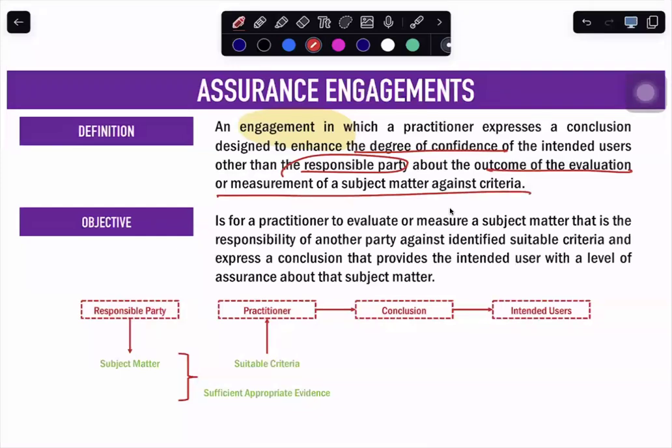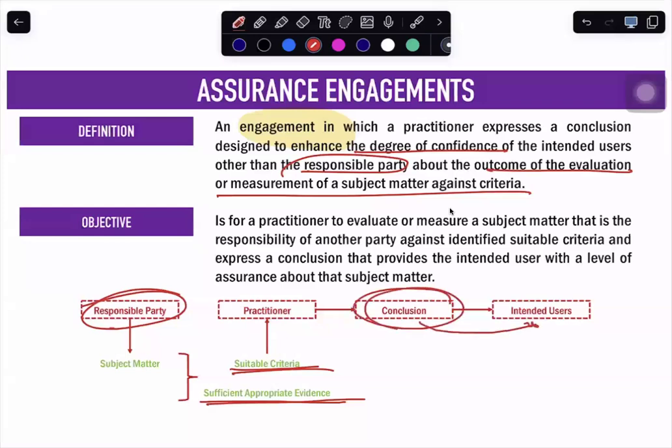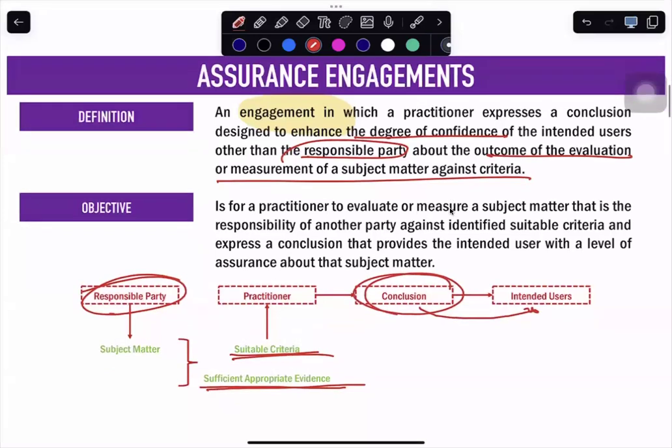Okay, so let's break that down. We start first with a responsible party. The responsible party provides for a subject matter. Now, out of the subject matter, the practitioner looks for a suitable criteria and sufficient appropriate evidence so as to have a conclusion to the intended users. So it still goes with our earlier definition of an assurance. The responsible party is the first party.